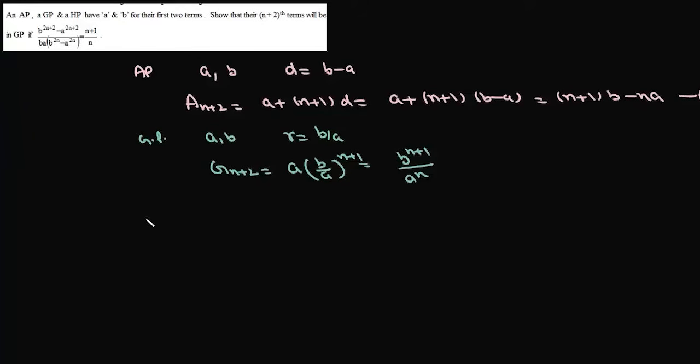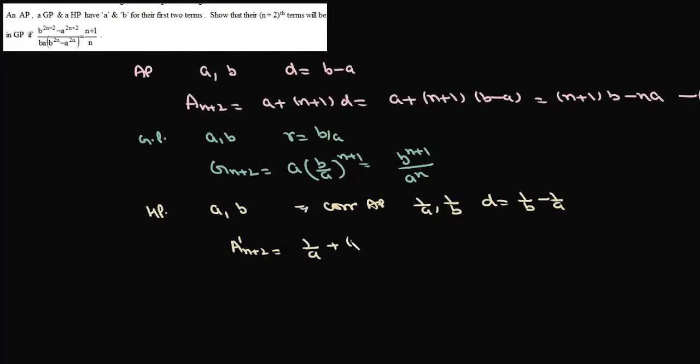And for this HP, the first two terms are a and b, so its corresponding AP will be 1 upon a, 1 upon b, so its common difference is 1 upon b minus 1 upon a, and for this corresponding AP, its (n plus 2)th term is 1 upon a plus (n plus 1) into (1 upon b minus 1 upon a), which is ((n plus 1)a minus nb) upon ab.